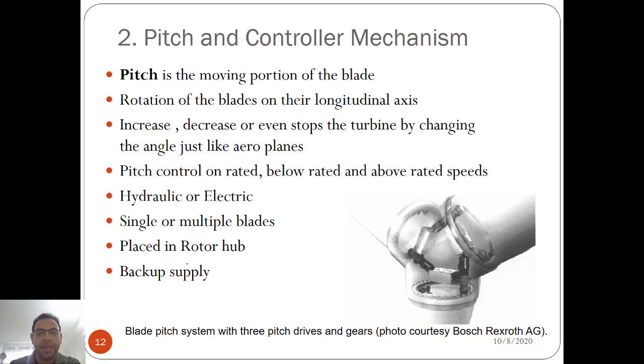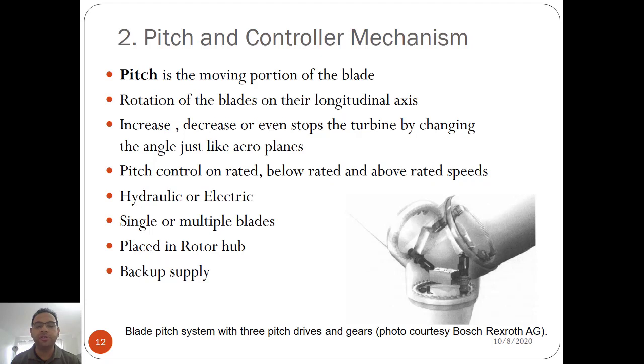The mechanism is called the pitch controller mechanism. Pitch is defined as the moving portion of the blade, and by rotation of the blades on their longitudinal axis, we can increase, decrease, or even stop the turbine by just changing the angle, just as we do in aeroplanes. So there is a possibility that there is very low speed, and at other times there is a windy condition.